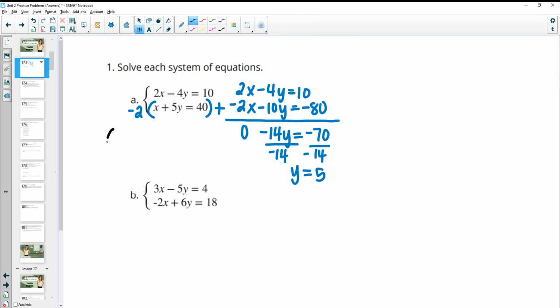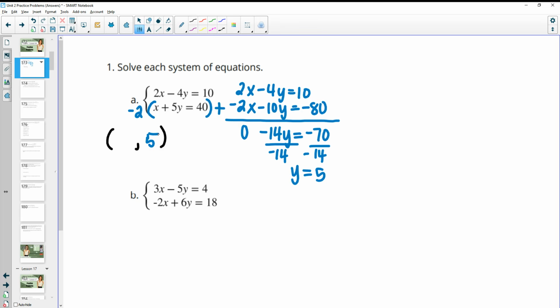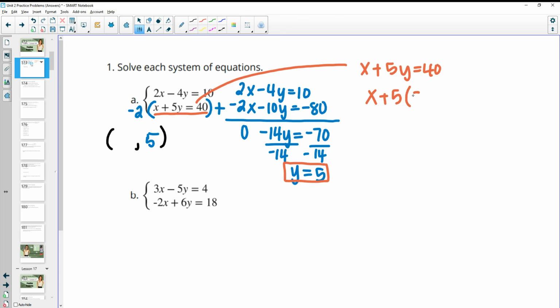Then I'm just going to start my ordered pair solution over here. So we just figured out the y value as 5. Now, once you've gotten one of your variables, then you can just plug it into either equation. So I'm going to take this original equation here of x plus 5y equals 40, and I'm going to plug in the y value of 5 in for y.